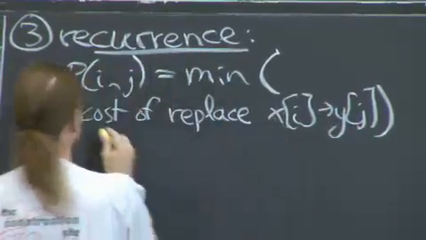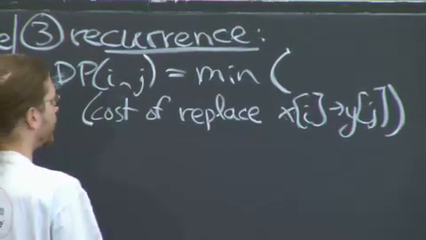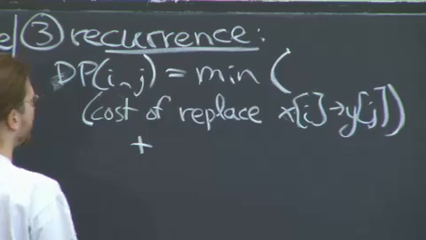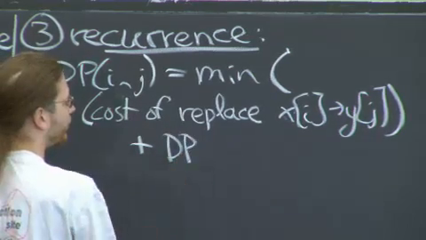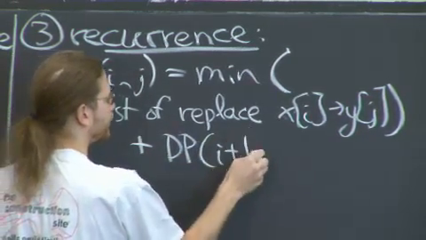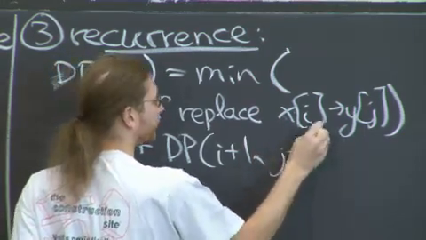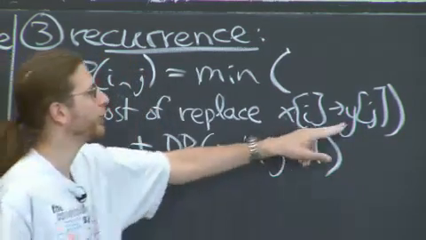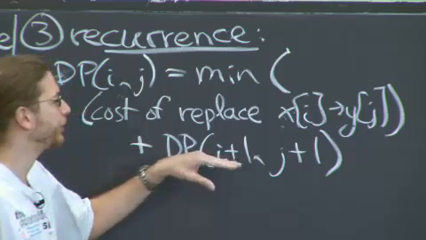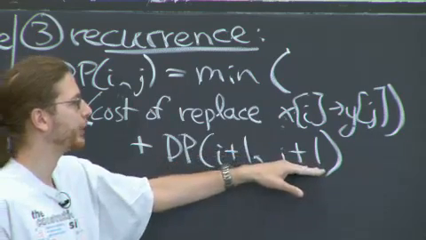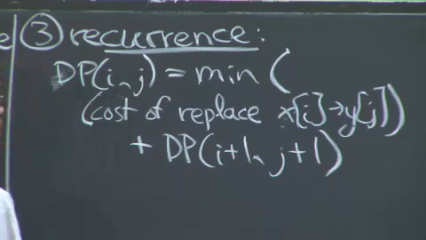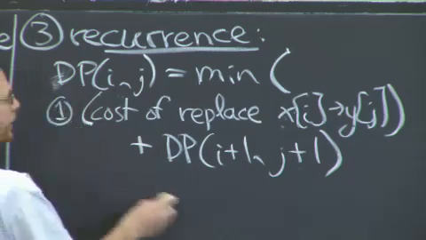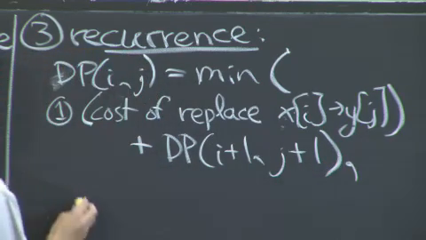So that's a quantity which we're given, plus the cost of the rest. So after we do this replacement, we can cross off both those characters. And so we look at I+1 onwards for x and j+1 onwards for y. So that's option 1. Then comma for the min.